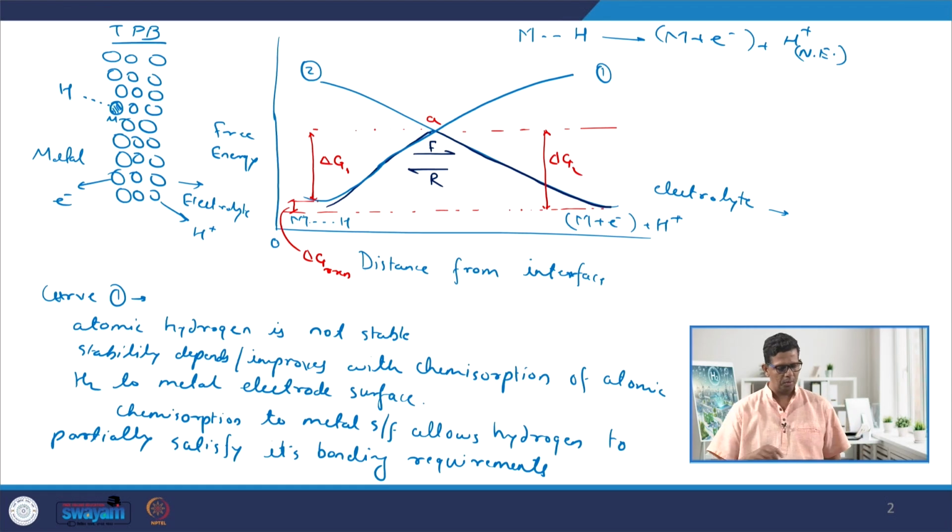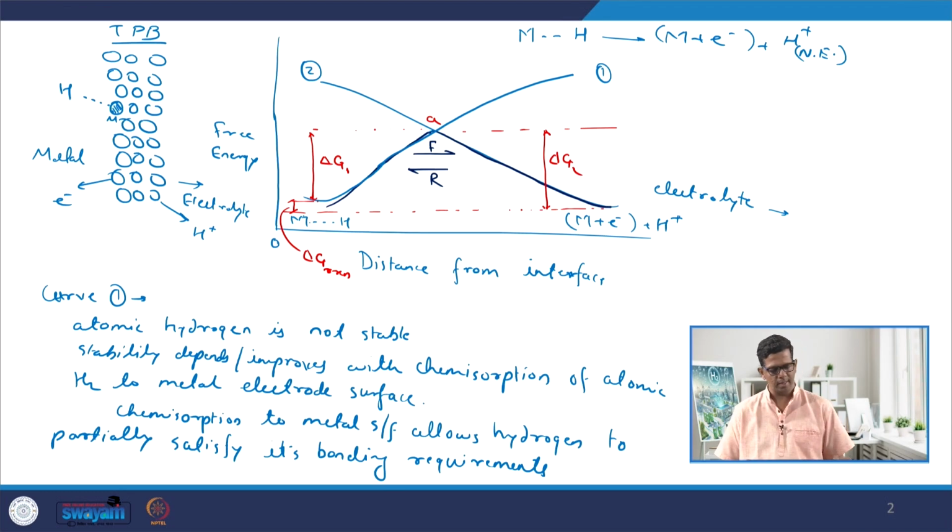So if we now take the path from reactant to product, we can see there is a path that connects the reactant to product species via a common point called the activated state A, and this is the state which every reactant species or product species has to pass through in order to get converted into the respective species.